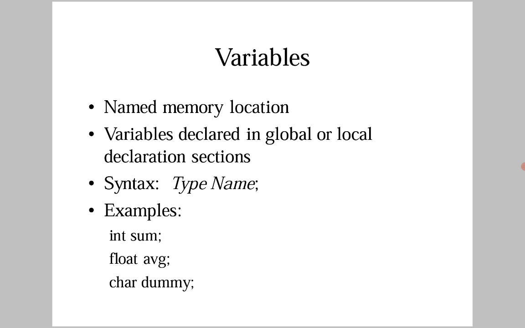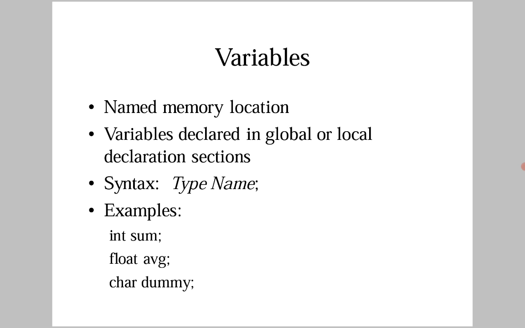Generally, variables are of two types. The first one is global variables and the second one is local variables. Global variables are available throughout the program, whereas local variables are available within the function.